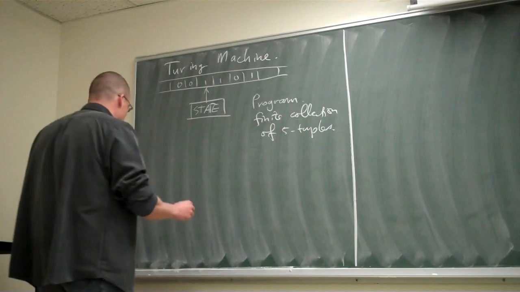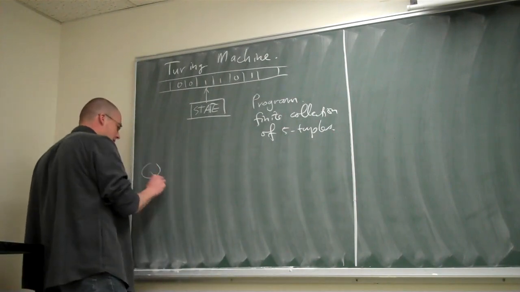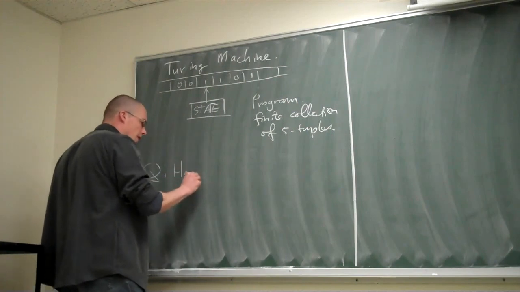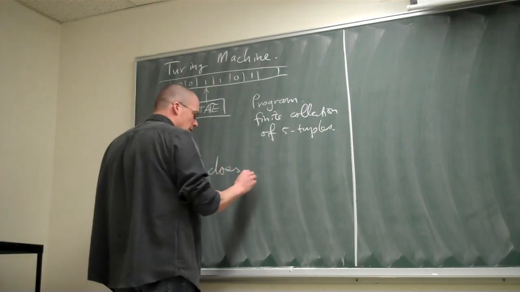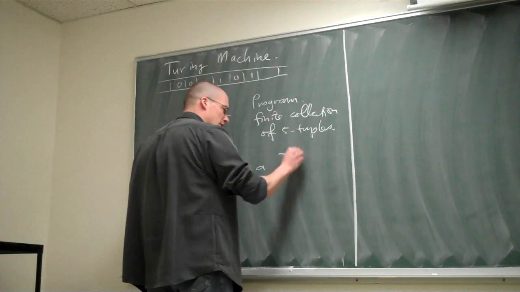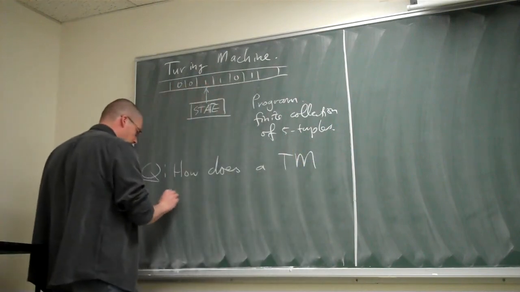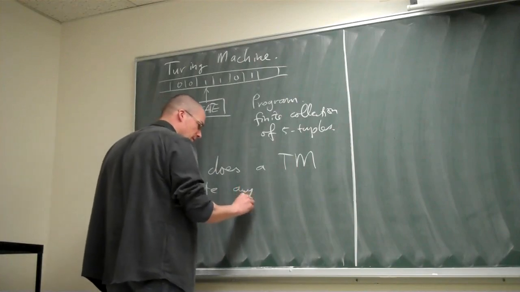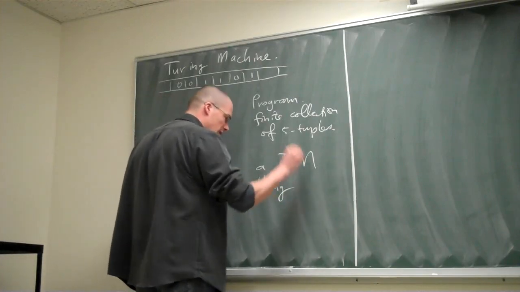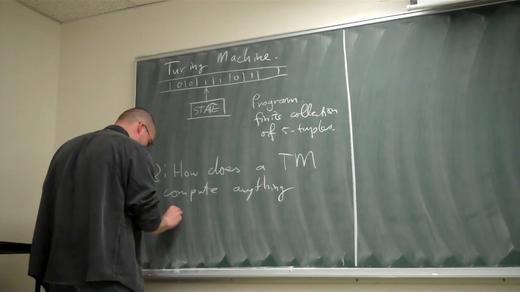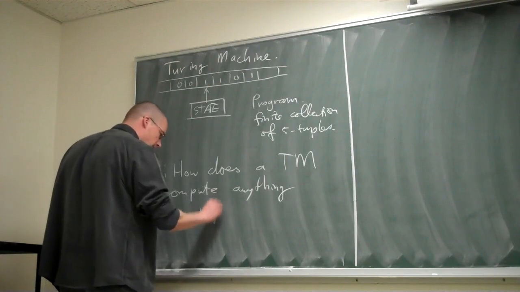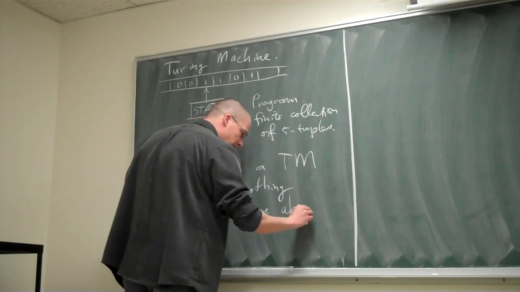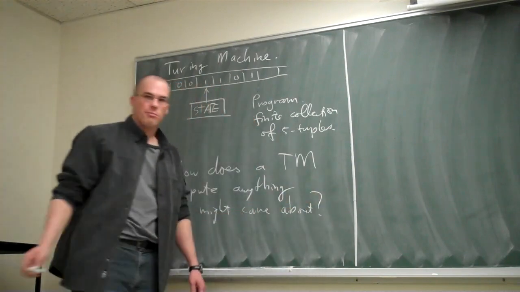But we did pose an important question at the end of the last lecture. How does a Turing machine compute anything one might care about?